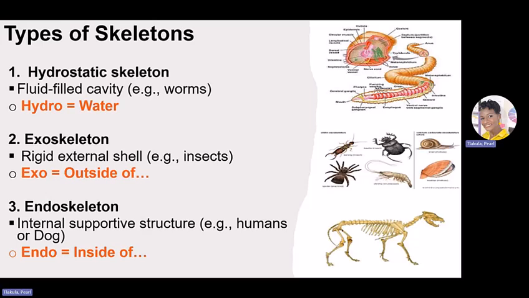We have the exoskeleton, which is rigid and outside, for example an insect. The third one is the endoskeleton, which supports internal structures, like that found in dogs and human beings. And whenever you hear the word endo, you think what? Inside. Correct.